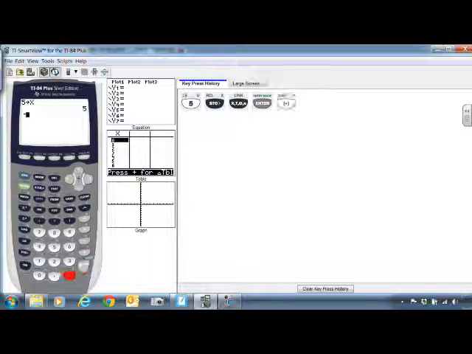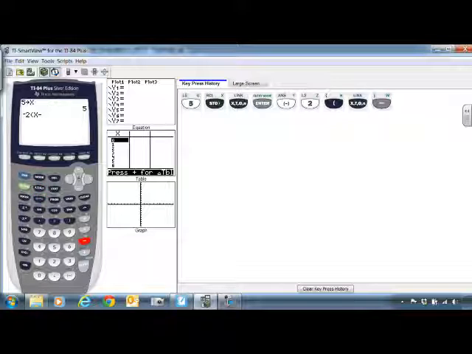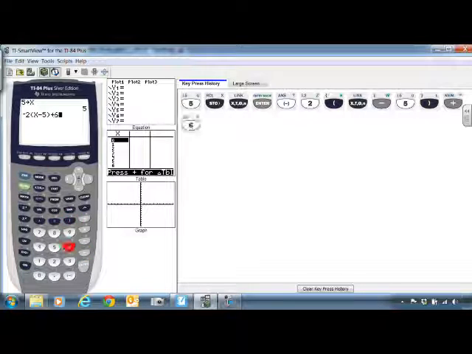So negative 2, parentheses, x minus 5, close parentheses, plus 6x minus 4.